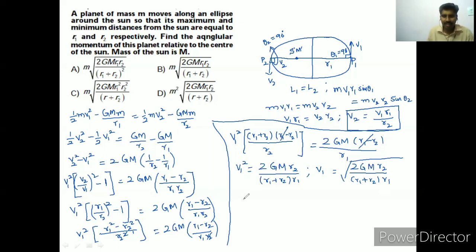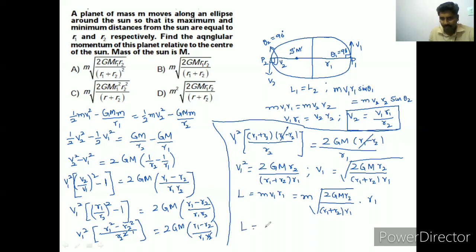Here we need to calculate the angular momentum, so L is equal to m v1 r1. Now m times the square root of v1's value, 2 G M r2 by ((r1 plus r2) r1), and taking the outside r1 inside, it becomes squared.